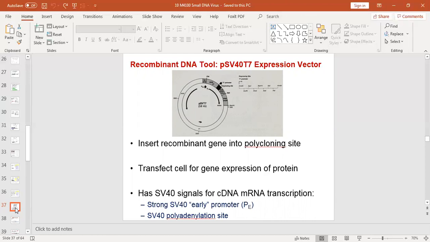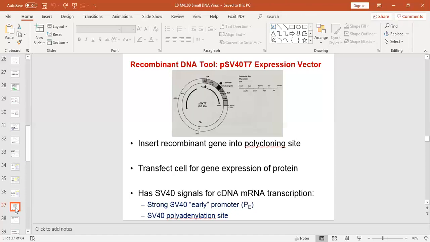So how do we do that? If we have a gene of interest, we insert it into a region of the SV40 genome called the polycloning site. I'm sure those of you who have taken other courses or have worked in the laboratory are familiar with this concept. There's a region that we cut with restriction enzymes, which are nucleases, open the two sides up and insert the gene of interest.